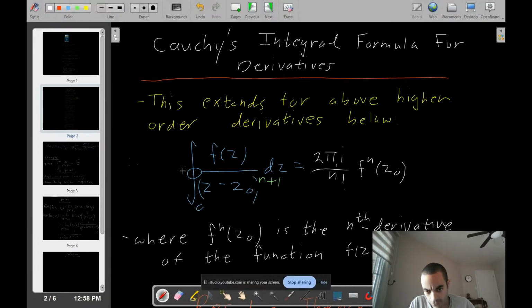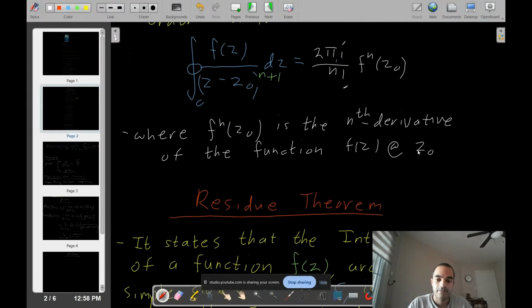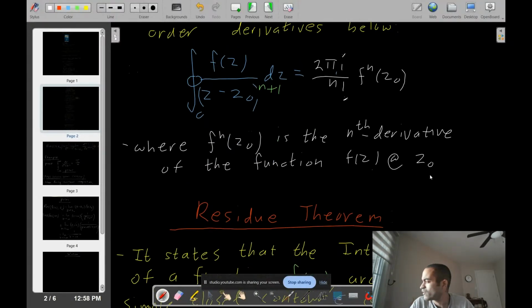So if you have a loop contour integral of f of z all over z minus z0 to the n plus 1 power, dz, this is equal to 2 pi i divided by n factorial, that's a factorial at the bottom, times f to the n of z0, where f to the n of z0 is the nth derivative of the function f of z at z0.